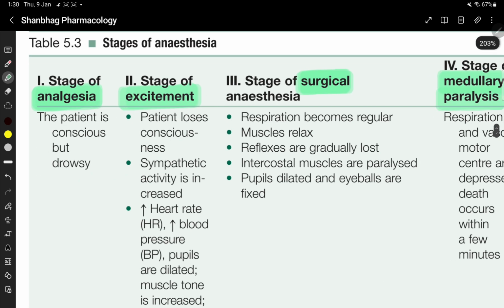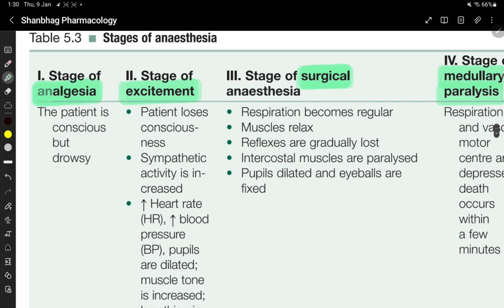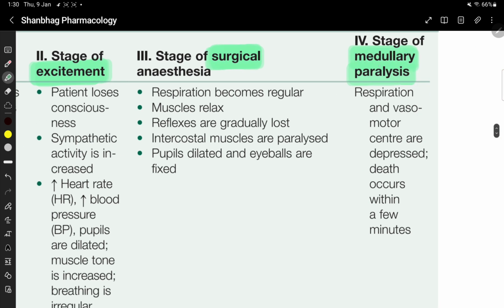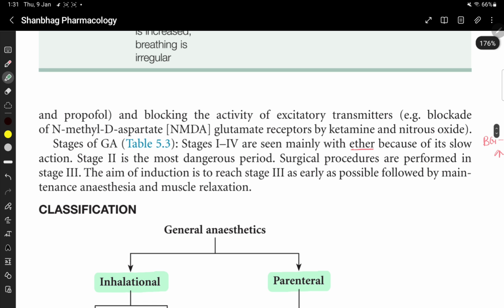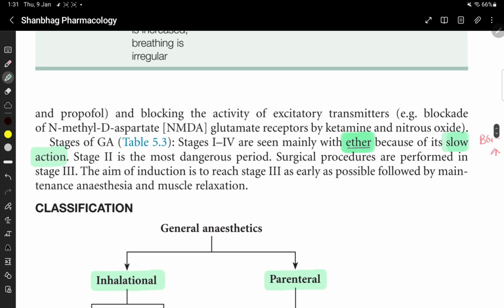These stages 1 to 4 are clearly seen with ether because ether is a very slow acting anesthetic.